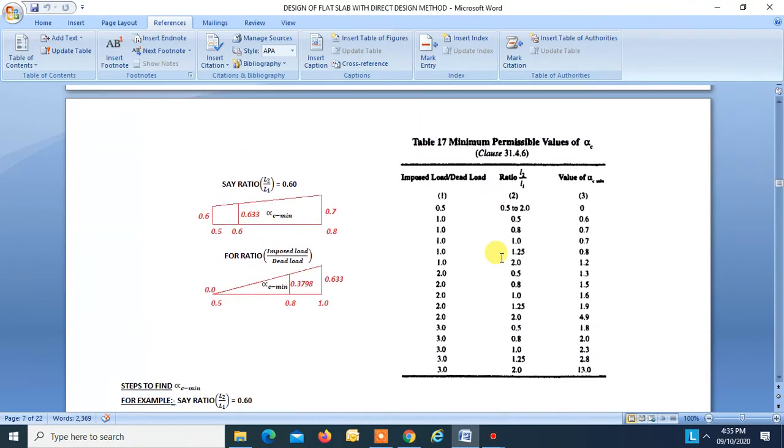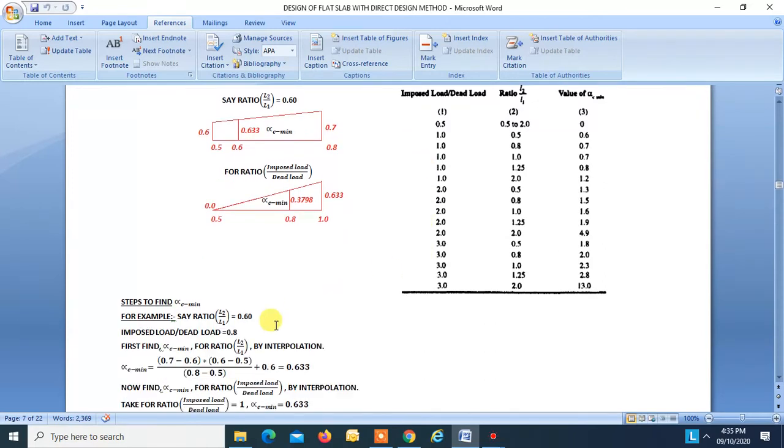So this is a typical table. Let us understand how we find alpha C minimum. Suppose we take an example. Say the ratio of L2 by L1 is 0.6. Then it falls between these two values, 0.5 and 0.8.